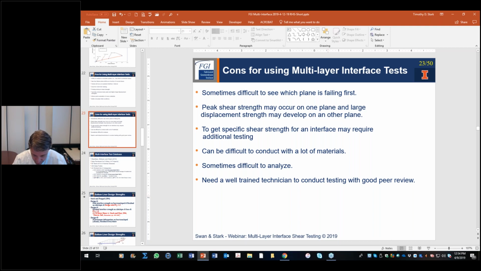However, it may be more pronounced because of the gripping on the single interface. You're gripping all the components, but you may still break that bond between the geotextile and geonet. In the multi-layer, they're all free, so if that bond has a low peel strength, there's a good likelihood that that will break, and that will be your weak plane.